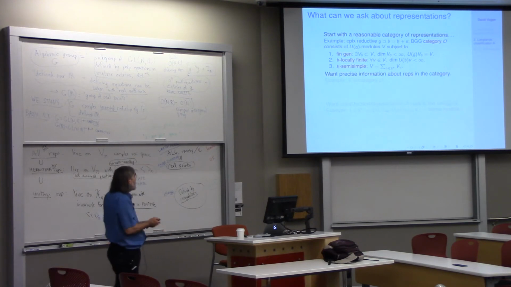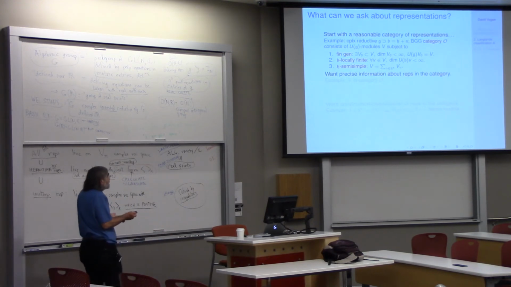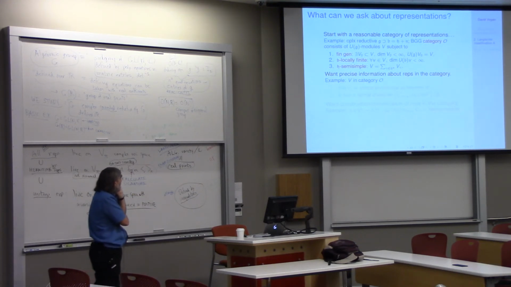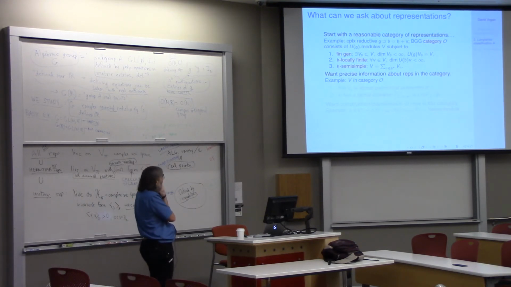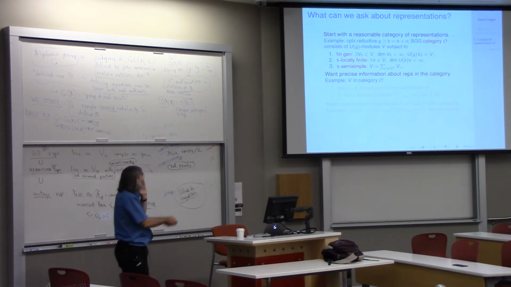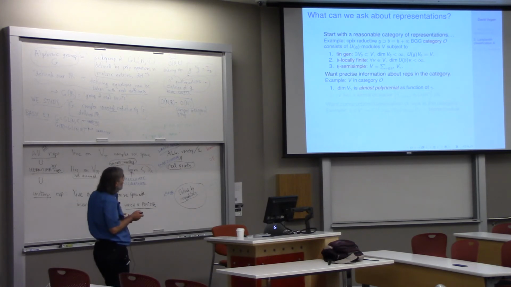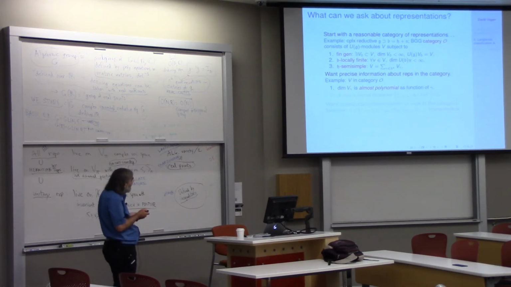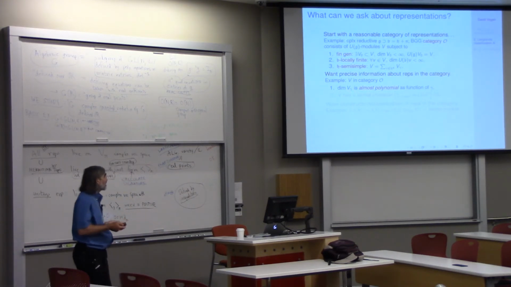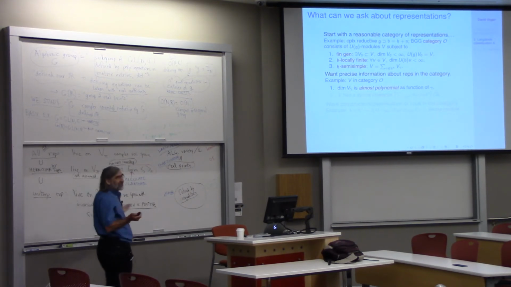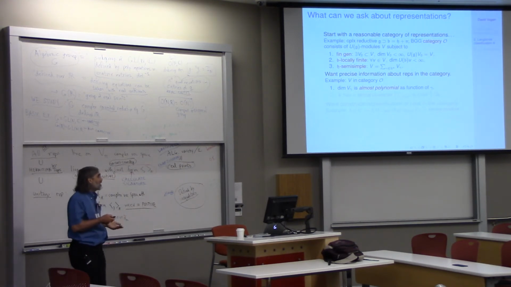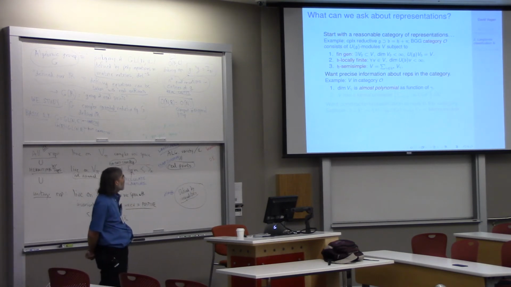And we want information about representations in this category. Well, what kind of information might you ask for? If you have a representation in this category, one thing which is true is that the dimension of the weight space is some sort of function of gamma. And what kind of function of gamma is it? Well, it's what's called almost polynomial.